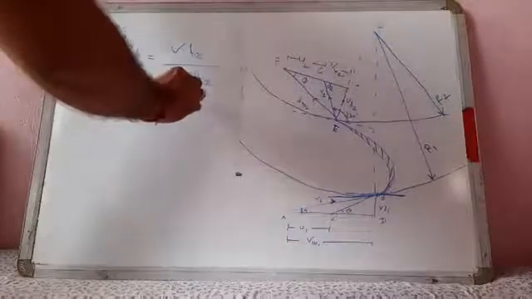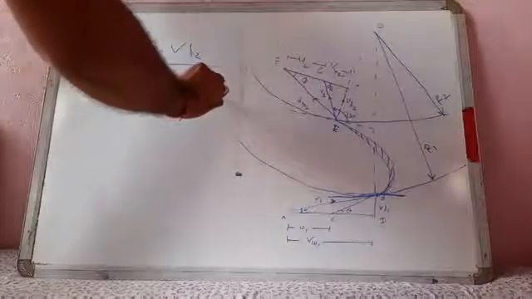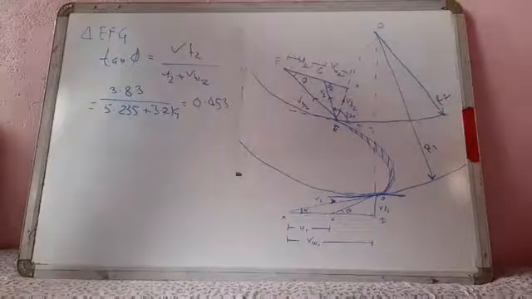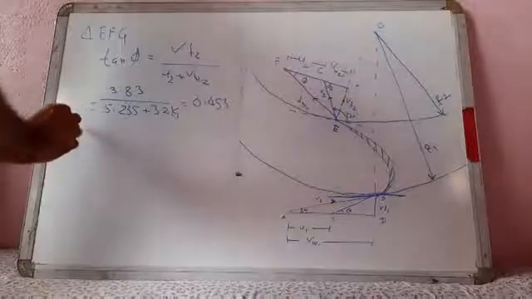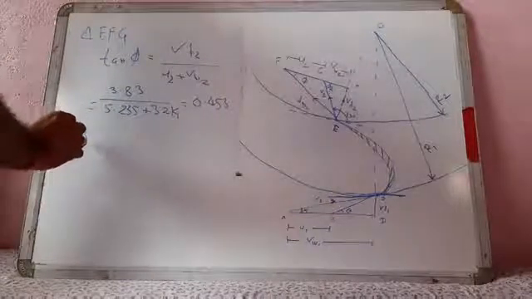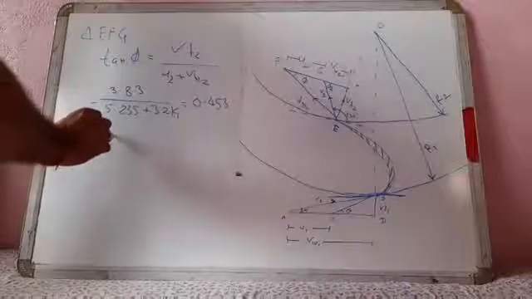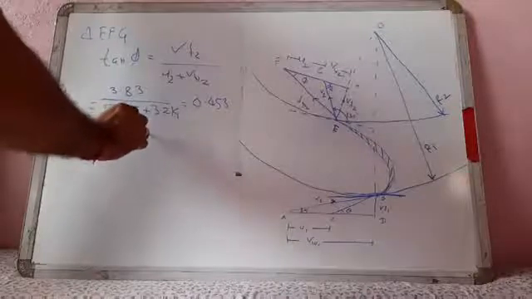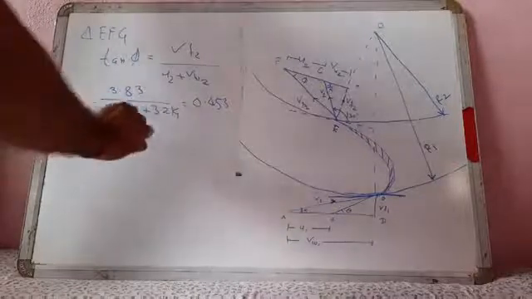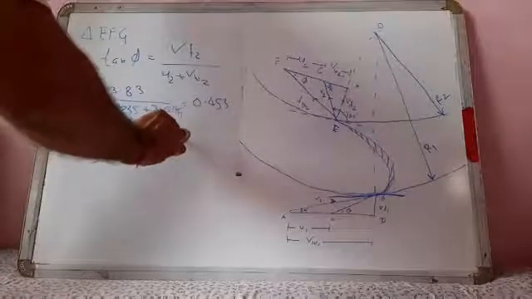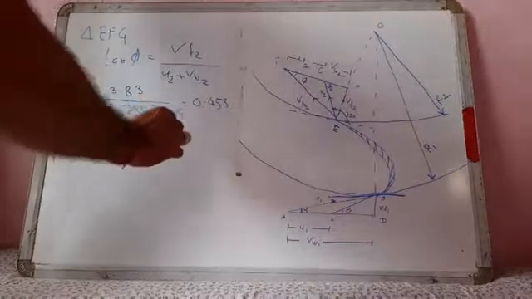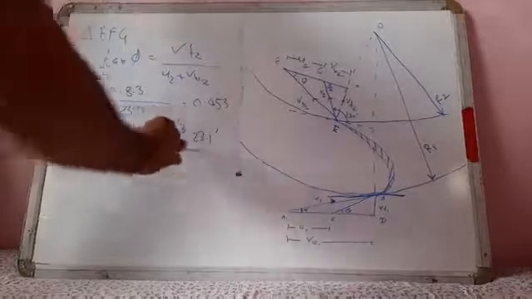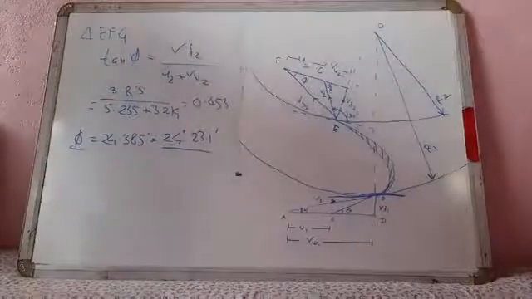So this comes to 0.453, and the value of phi comes to 24.385 degrees, or it can be written as 24 degrees 23.1 minutes. This is the value of phi.